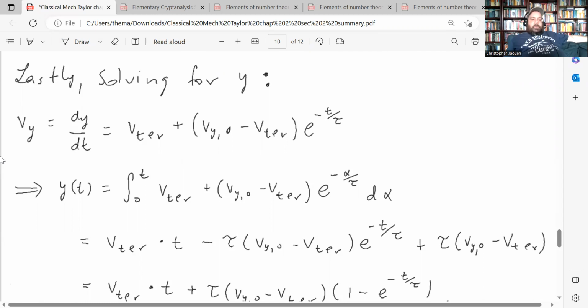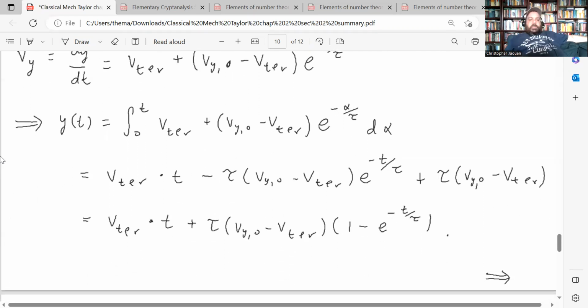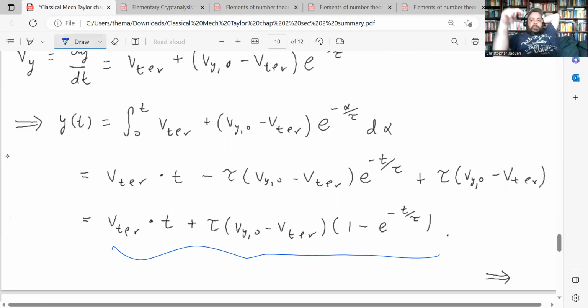Integrate that again with respect to time, and I have the antiderivative here, but you get this expression when you simplify. V sub ter stands for the terminal velocity in the y direction, and vy comma 0 is the initial velocity in the vertical direction.